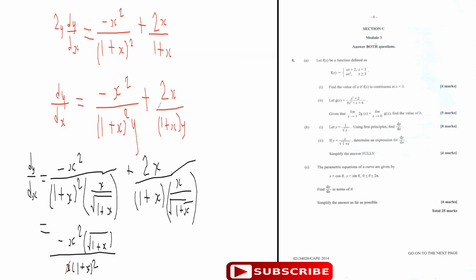And then this part will give you plus 2x times the square root of 1 plus x over x times 1 plus x, and this x cancels this x, and so the final answer that you get is pretty much the same as the other one. The final answer is the exact same thing. We just need to simplify it some more.